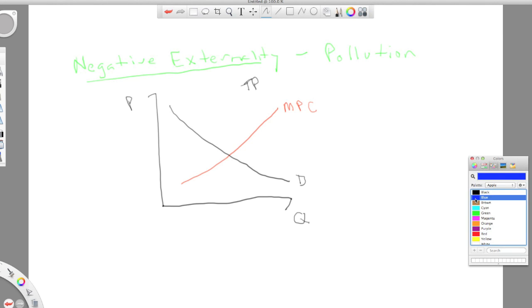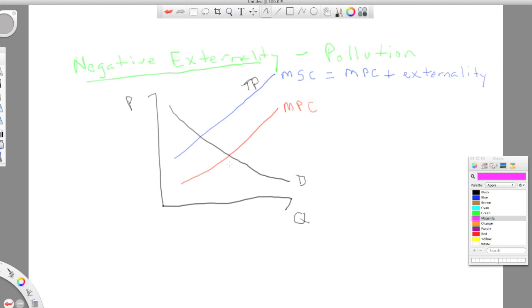In addition to that, in blue, we'll draw an additional curve here that's going to capture the marginal social cost, which, as we saw in the positive case, is a combination of the private costs associated with producing the good and the externality. So we have this external cost that we need to account for, and we should think a little bit about what the market outcome is going to look like.